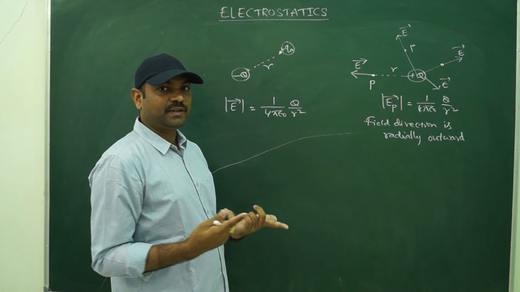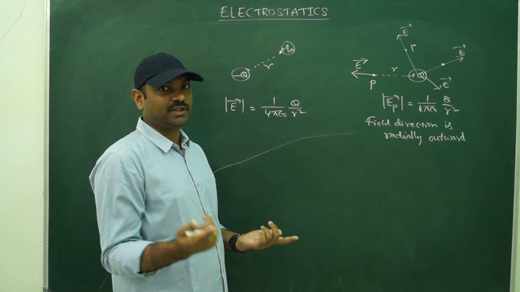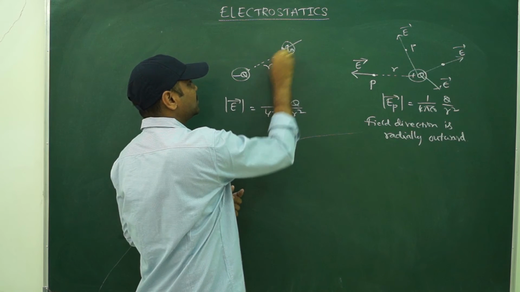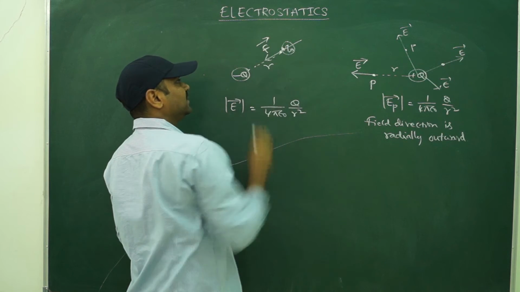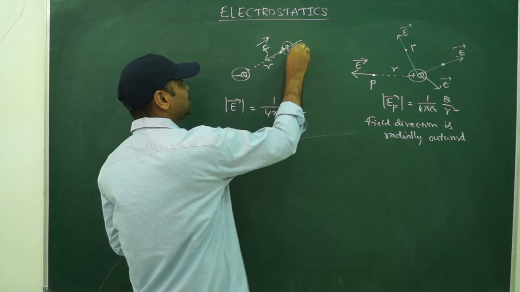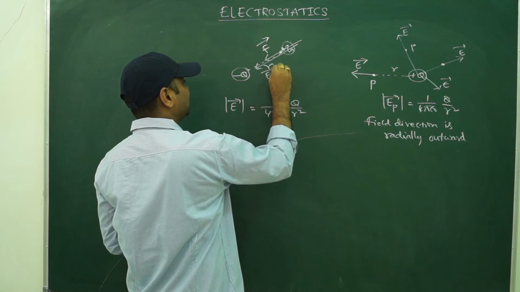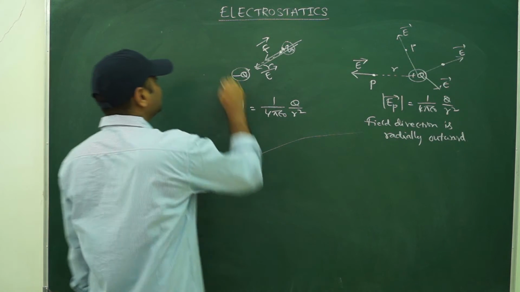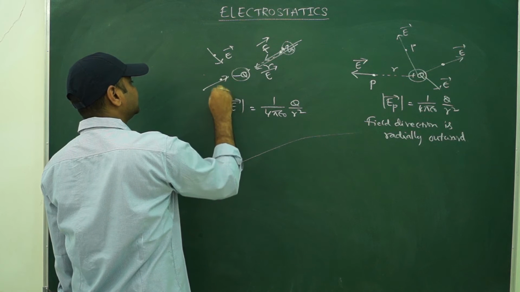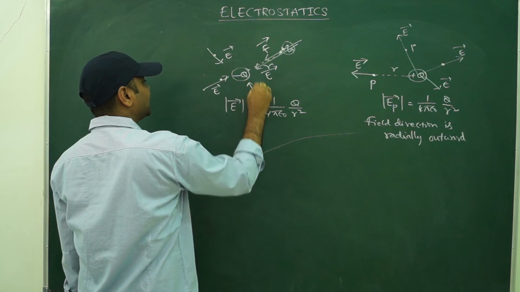But where will you get the difference? You will get the difference in the force direction. As the reference charge is positive and this is a negative charge, the force will be attractive. Then, as the force is attractive, the electric field intensity direction should be along the force direction. So E bar also will be towards the charge. If I take any point, E bar will be towards the charge, because the force is attractive.